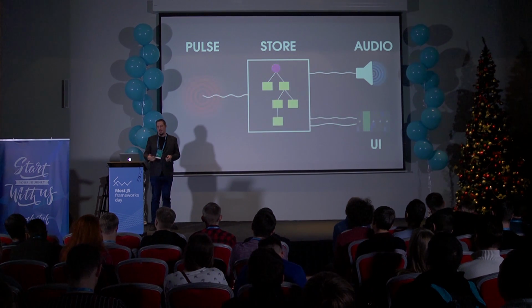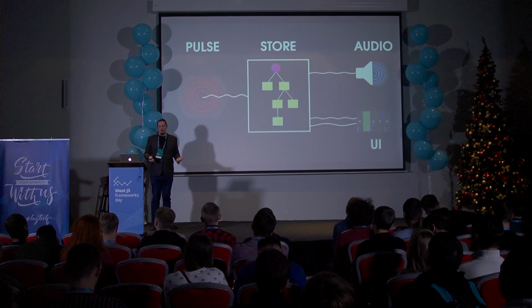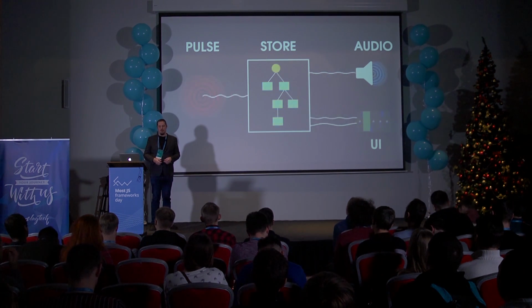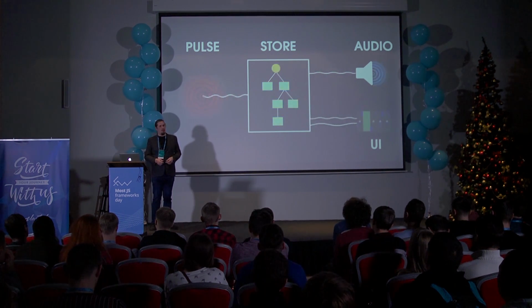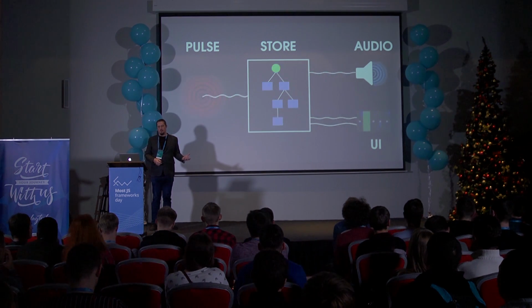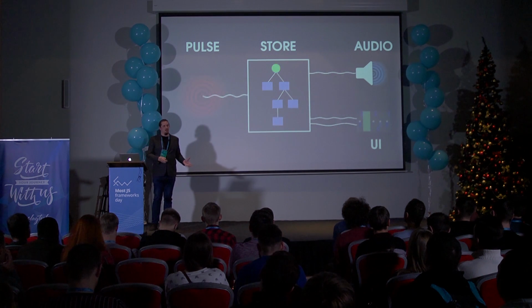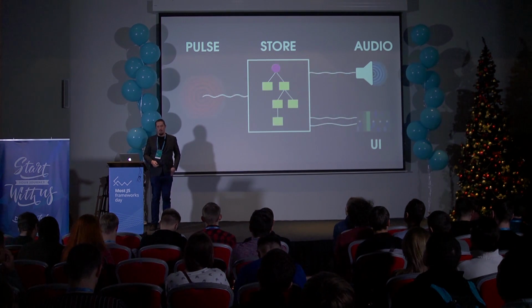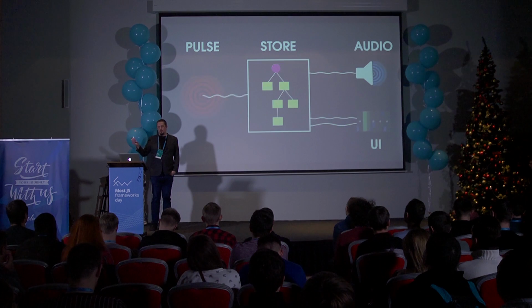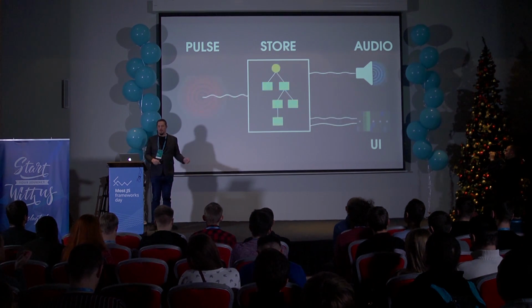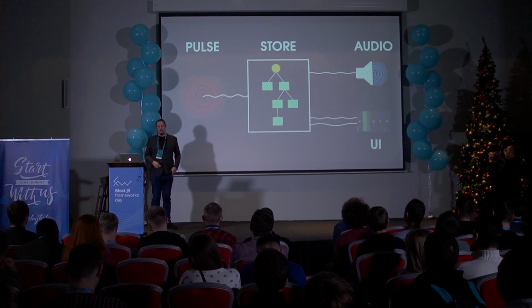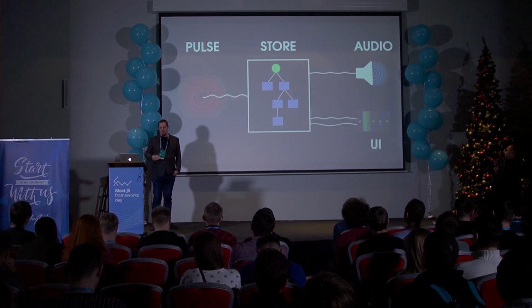I could do other things, which I might still do, which is, for example, take the pulse out and replace it with a MIDI signal, so I could control the tempo of the music from some musical equipment that is connected to the browser using web MIDI. Or I could add other outputs or inputs, replace things, and mix and match these things. And I can do it without the rest of the system being that much affected.